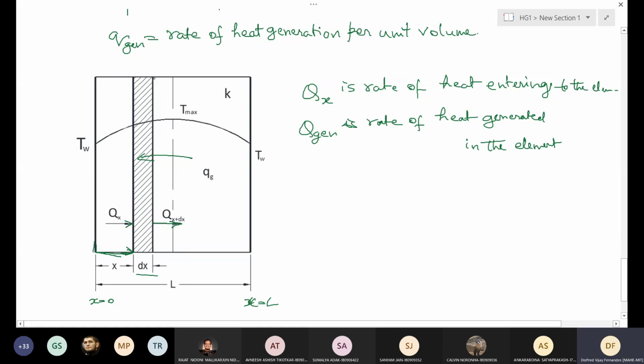For that we need the area also. Let's say we know the area of the wall, the conduction area, perpendicular to the heat conduction, say A. Then what is the rate of heat generated? Q generation equals q generation times volume. The volume of the element is area times dx.